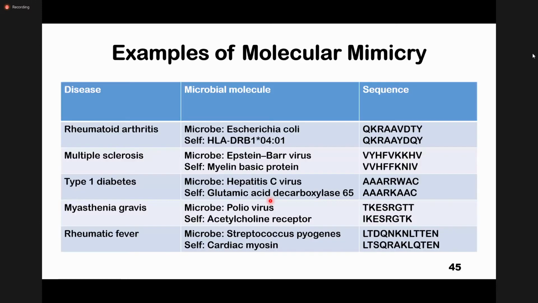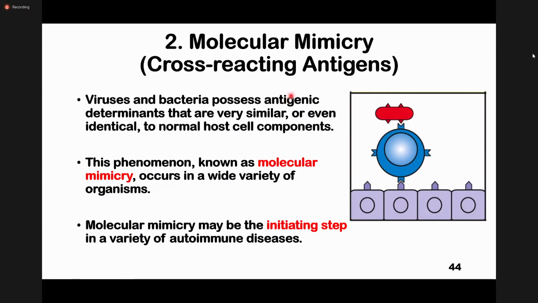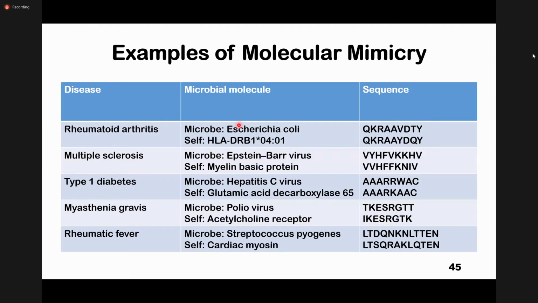So here is what I talked to you about: some properties identical or very similar to our host. What are those similar properties? When we look into the protein sequence, this is the autoimmune disease that I have listed here, and we have the microbe, for example E. coli infection, and then we have our HLA genes.